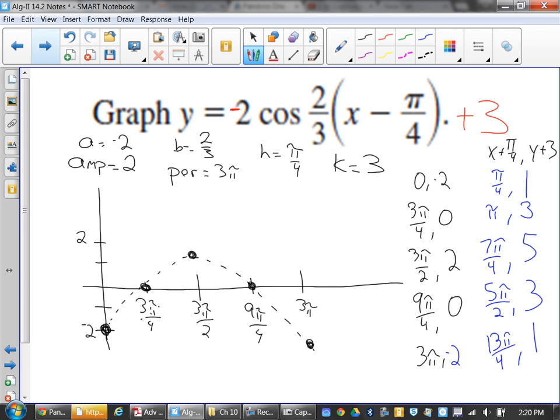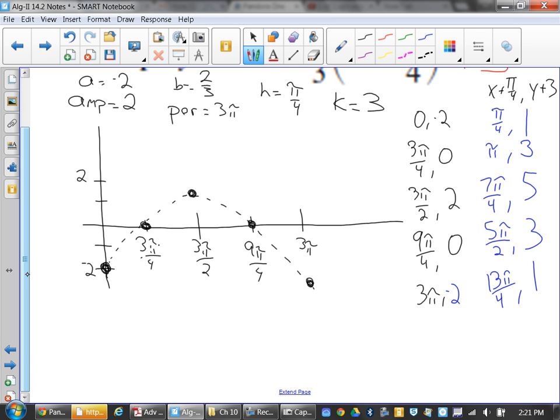So what's nice about doing shifted trig graphs is that you're doing basically all of your work within the ordered pairs. You're adding, subtracting, and whatnot. Because when you go to place them, you know that this point's got to move to the right. Well, the new spot's going to be at pi over 4. Does it have to be perfectly positioned between 0 and 3 pi over 4? No. As long as you got a tick mark there with the label, it's not a big deal.